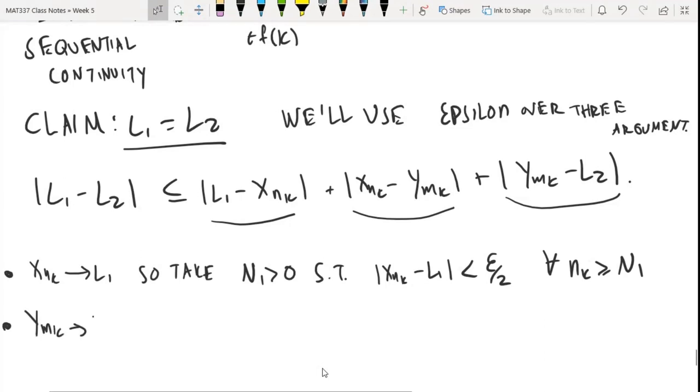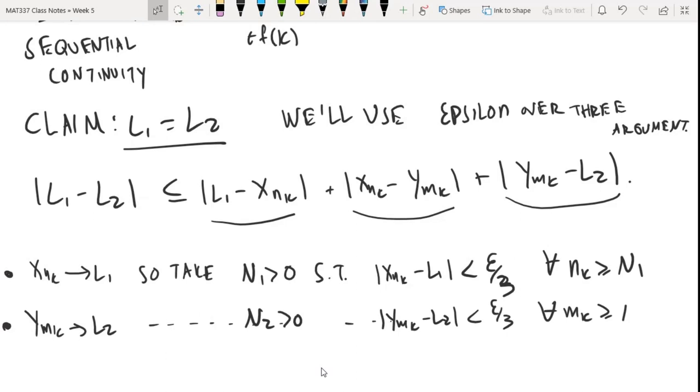Same for L2, N2, epsilon over 3, for all nk bigger than N2.